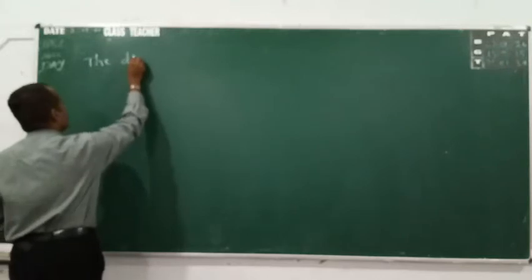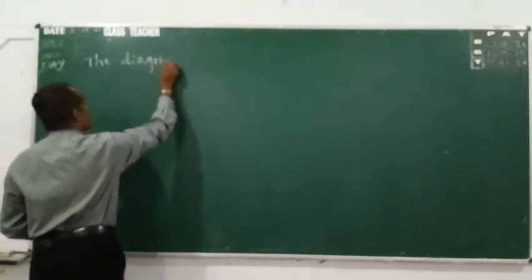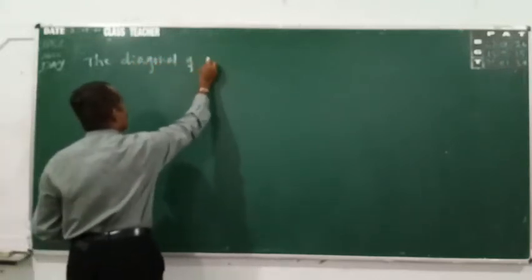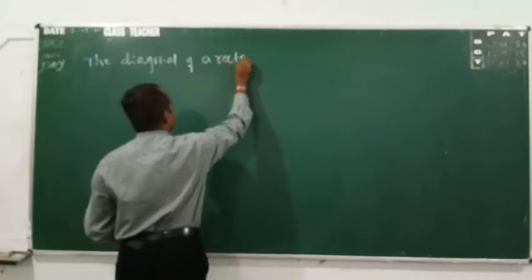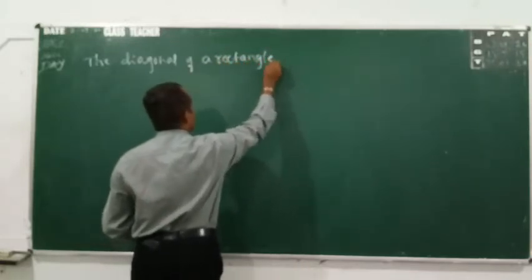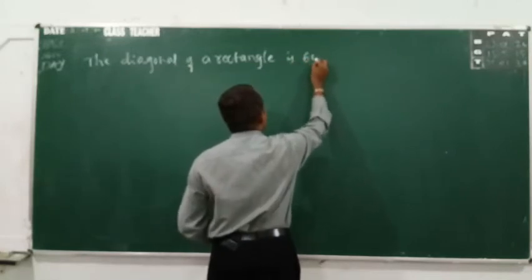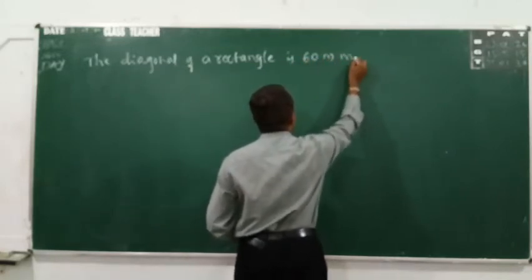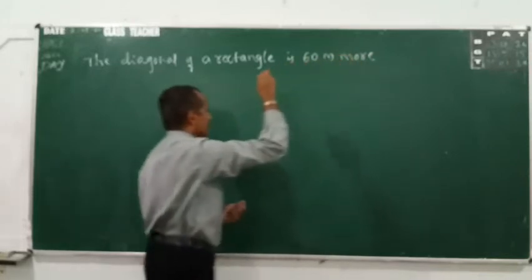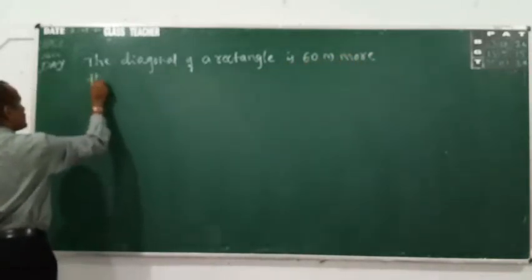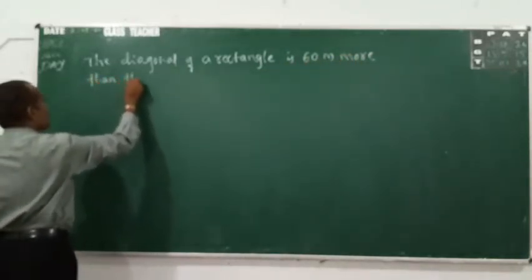The diagonal of a rectangle is 60 meter more than the smaller side.